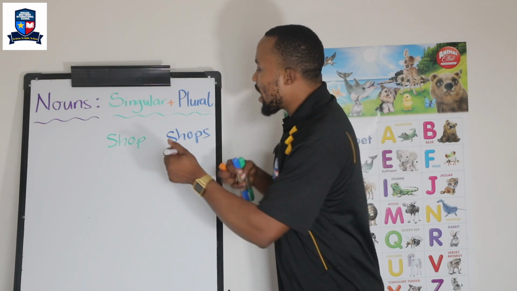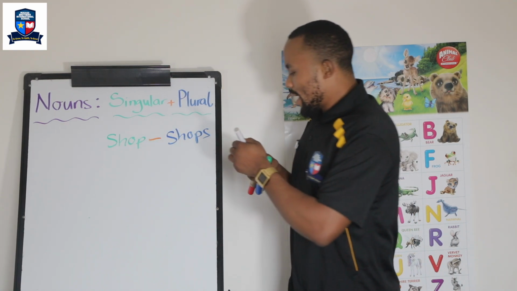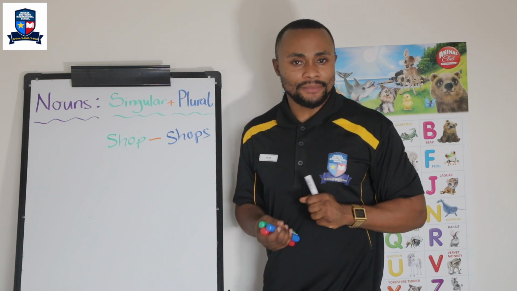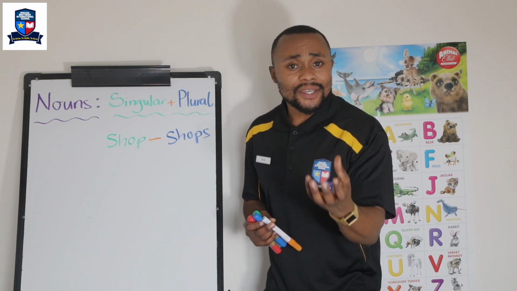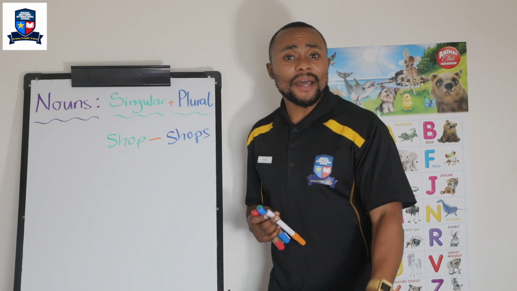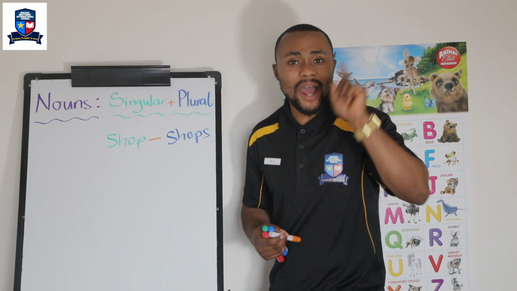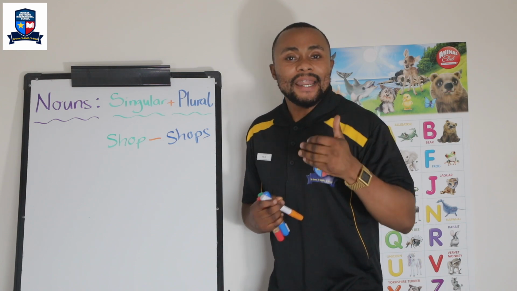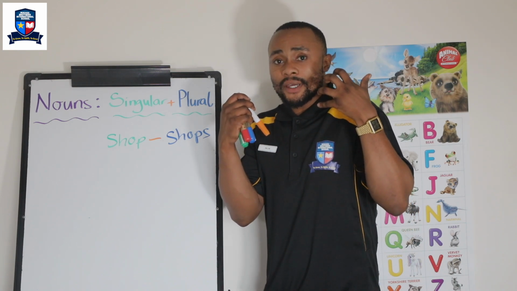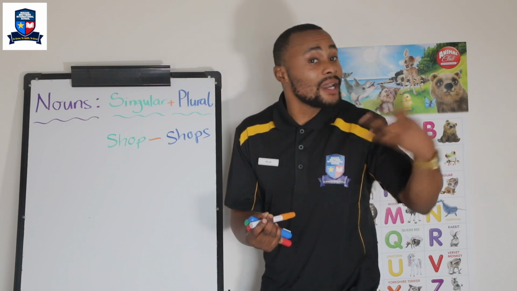Let's try another example. Let's look at dog. Dog, obviously, it is a noun because it is a name of an animal, but it is one. One dog. It's singular, which means one.